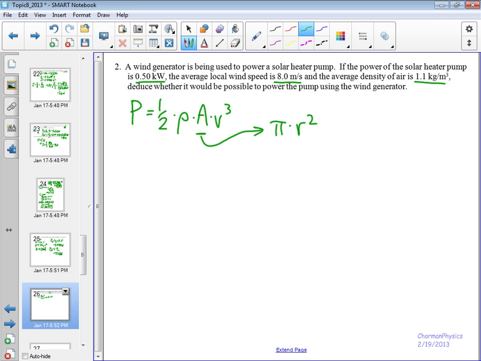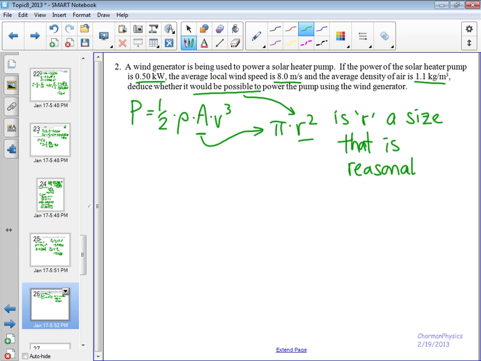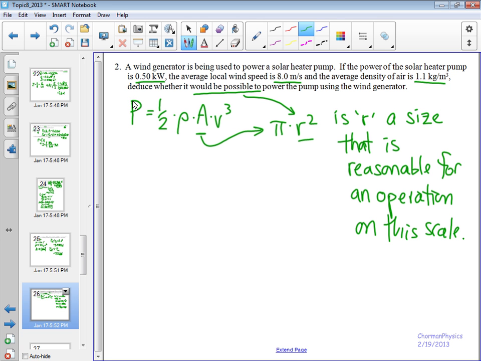So what this tells us, okay, is that we're probably going to end up solving for r, and they're asking would it be possible, okay, is r a size that is reasonable for an operation on this scale. Okay, that's what the question is.